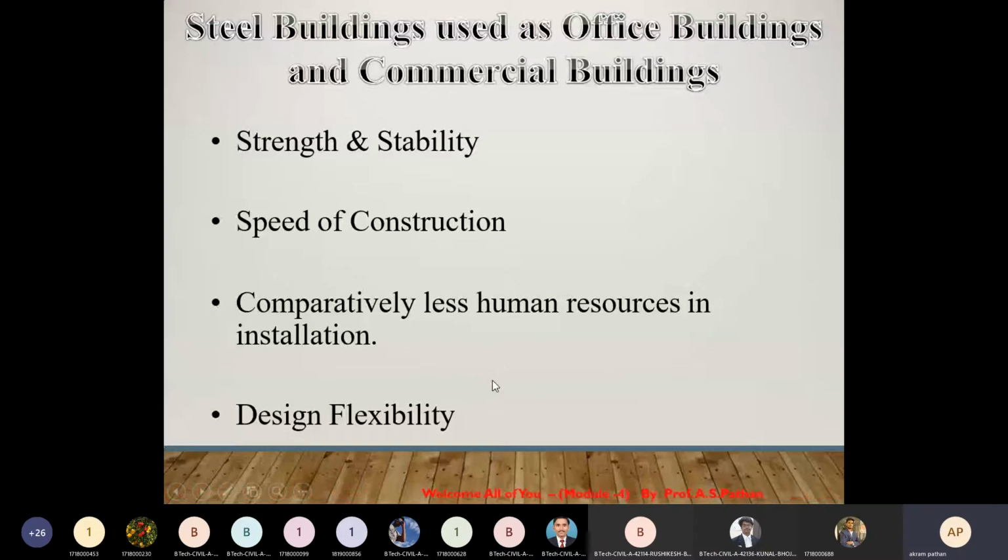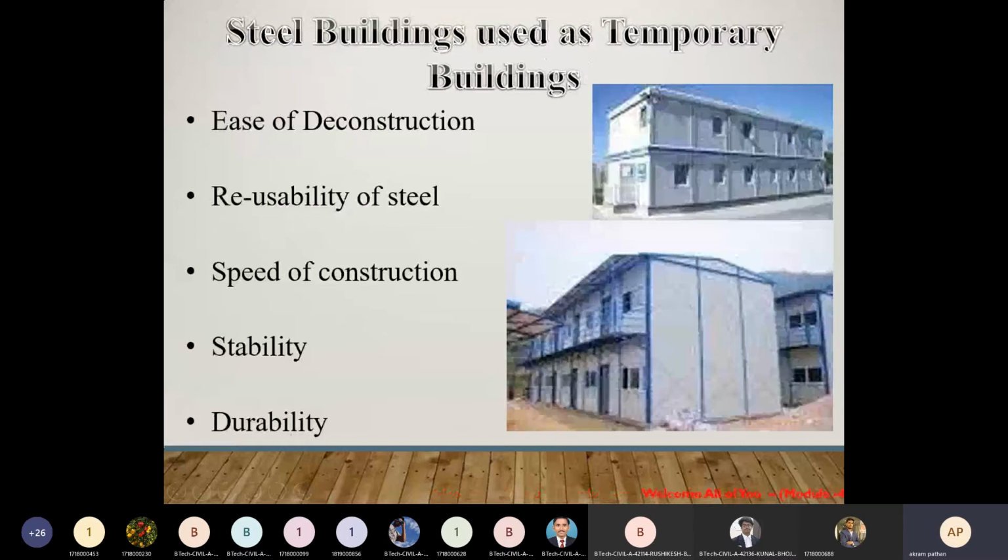Then steel buildings used as temporary buildings. Look at these structures where we can use steel for temporary buildings.